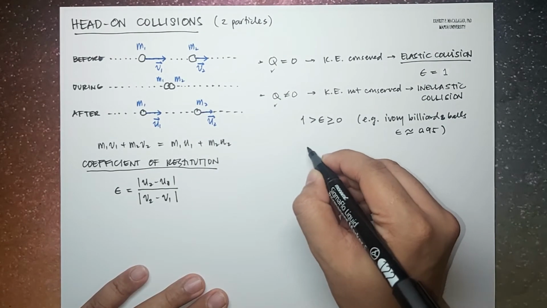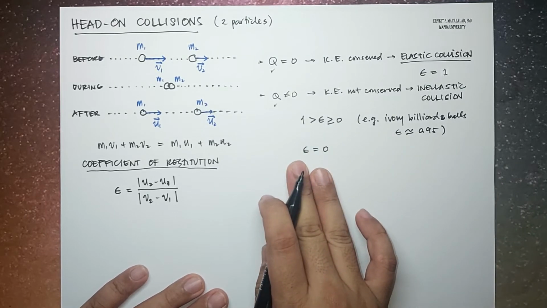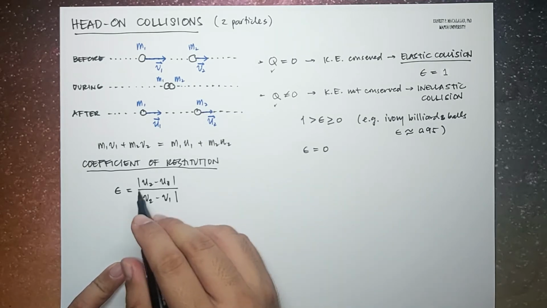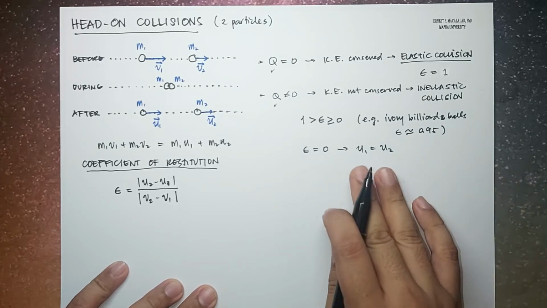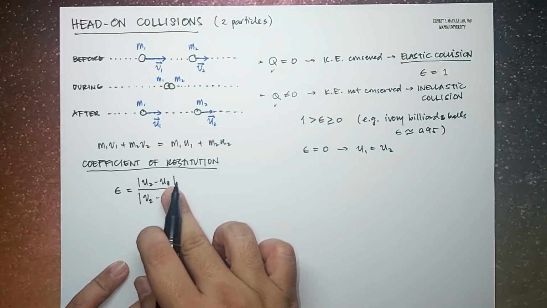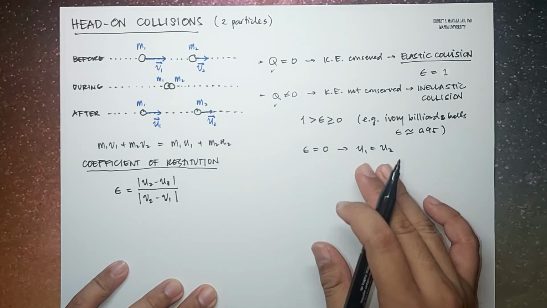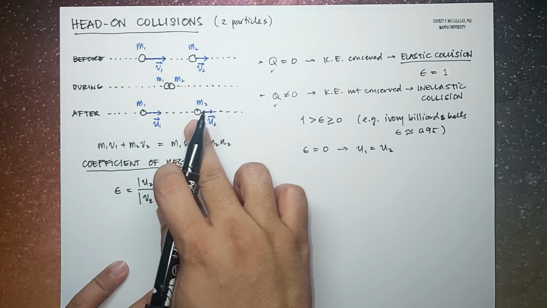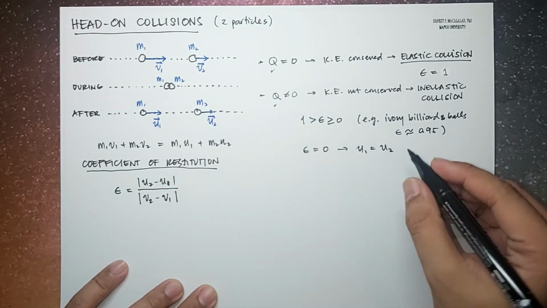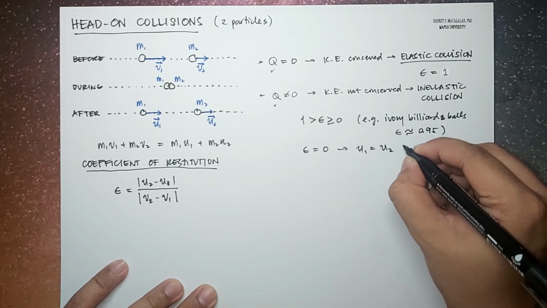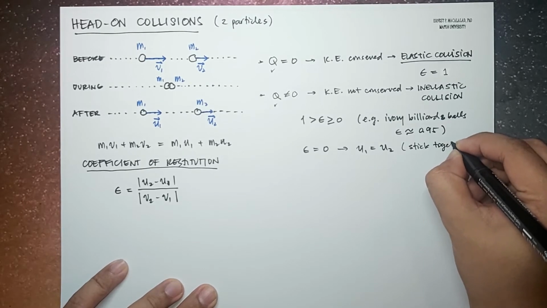Now, if, for example, we have epsilon equal to 0, that means u1 is equal to u2, because our difference will be 0 and epsilon would be 0. So what does it mean? It means that the two objects after collision are moving at the same speed, in the same direction. We usually say they stick together.